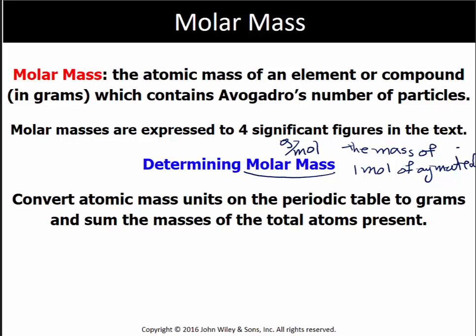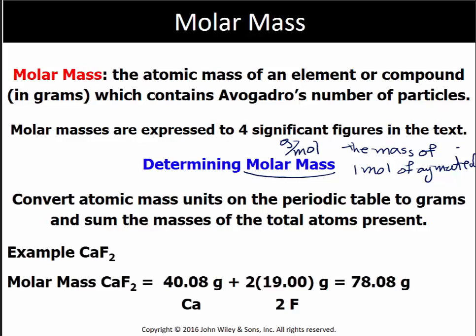In order to find the molar mass of any particular compound or molecule, you look at the formula of that compound. For example, here we want to find the molar mass of calcium fluoride. Calcium fluoride is composed of 1 calcium and 2 fluorine.